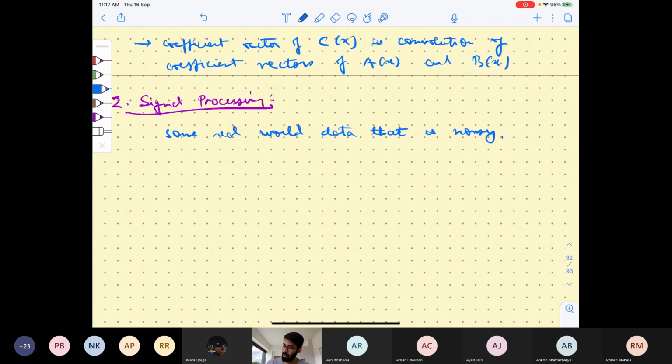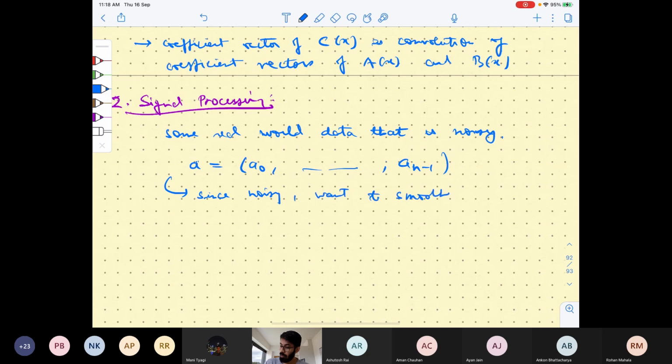Suppose this data is in the form of a sequence, and let it be a vector a0 to a(n minus 1). And now, since it is noisy, we want to smooth it out. So we don't want a lot of irregularity somewhere, and so on. So we want to smooth it out.